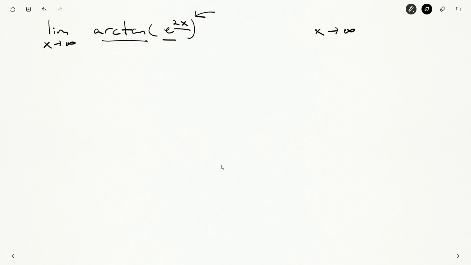As x is becoming big positive numbers, a billion, 10 billion, a trillion, 2x is becoming even bigger positive values, 2 billion, 20 billion, 2 trillion. So these are also becoming arbitrarily large positive numbers.